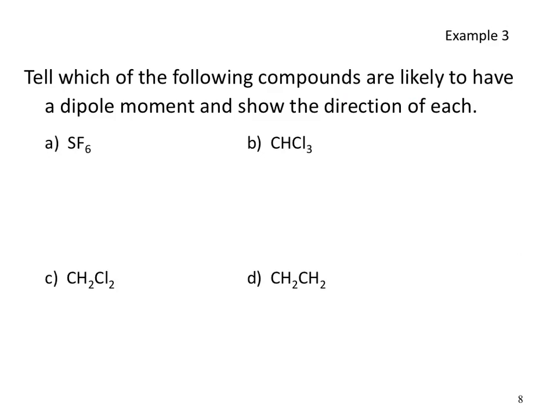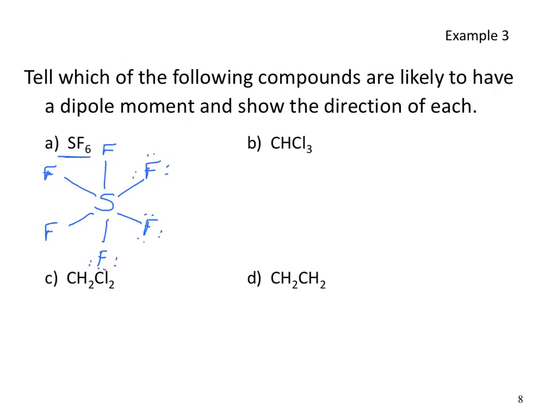So a couple things here. The first one that we have is SF6. I would suggest that you should draw the Lewis structure and the VSEPR theory that you learned in General Chemistry 1. SF6, sulfur has 6 electrons around it, and fluorine has 7 electrons around it.